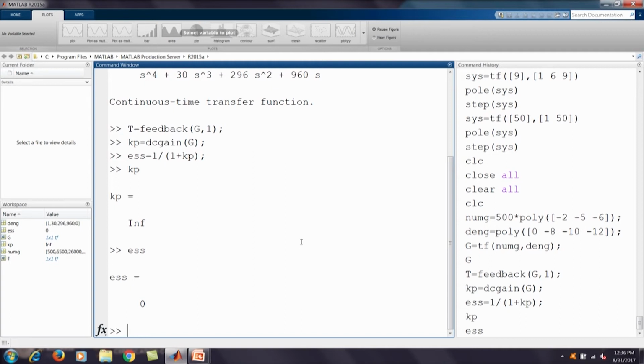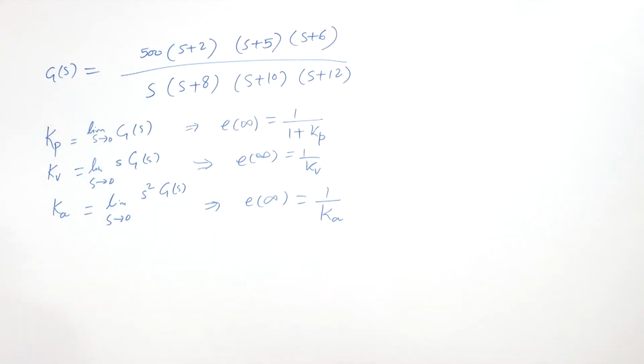Now come to the ramp input. For ramp input we have to get sG(s), so we have to multiply s in the numerator.